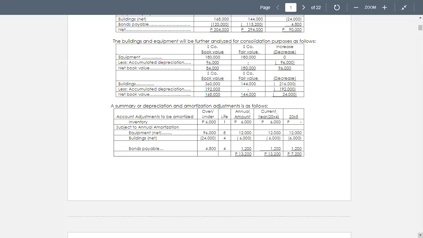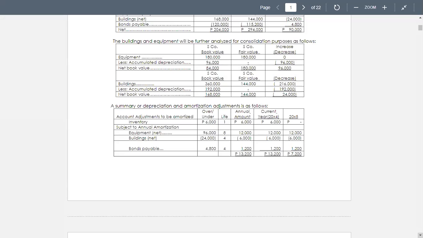That's your discount on bonds payable, which you are going to debit to normally interest expense and to credit discount on bonds payable. So it will be an adjustment, considering that we have an adjustment by 4,800.